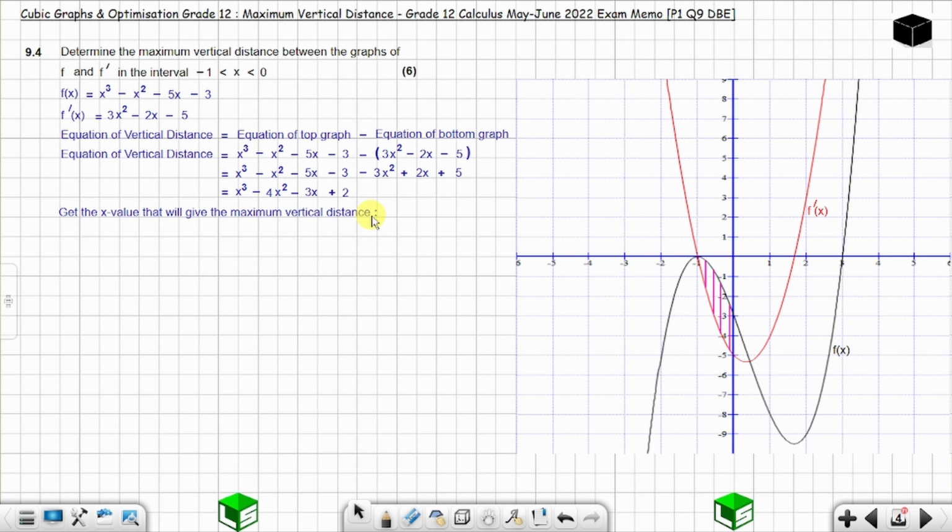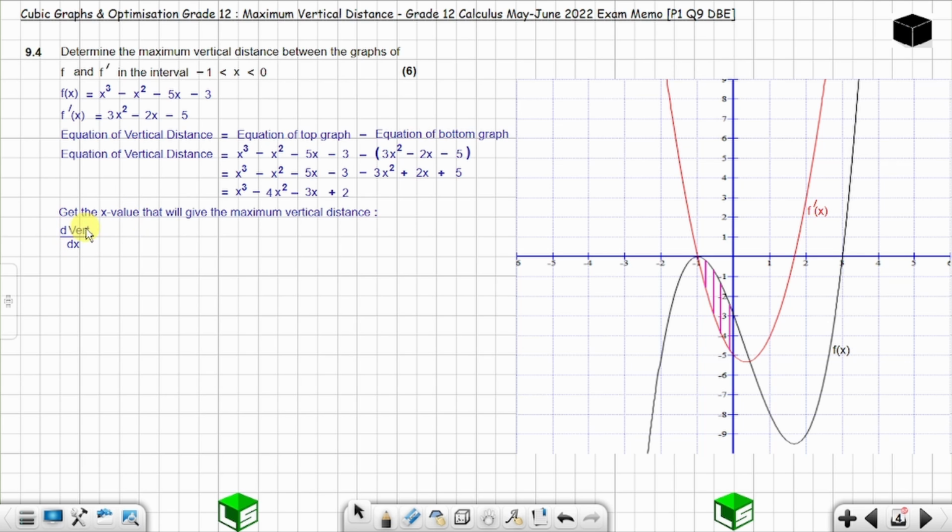How can you get that? You are going to take the derivative of the vertical distance with respect to x. Whenever you are interested to find the maximum or minimum value, you have to take the derivative with respect to some variable, in this case x.